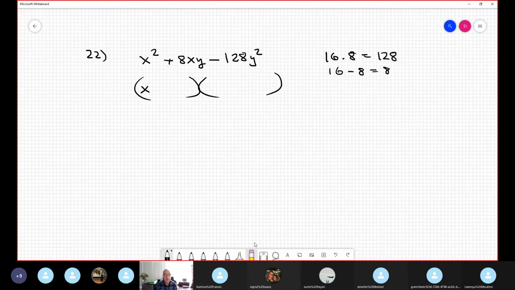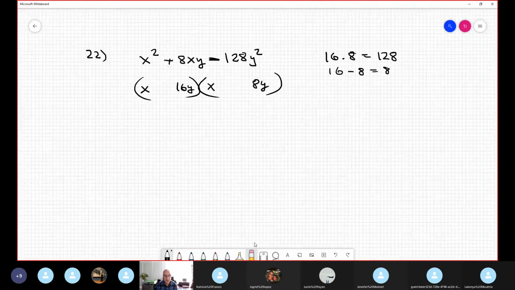I copy x, I copy 16y and ay. Remember that we are doing problems that contain two variables. I see that this sign is negative, thus we expect the different sign. The big one is positive, and the small is negative.